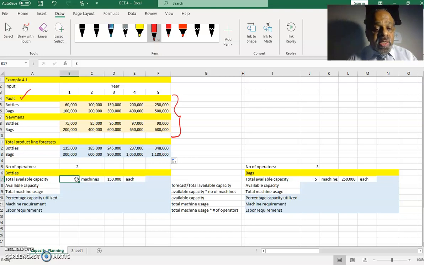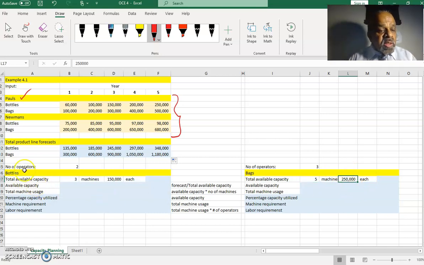Each machine is capable of producing 150,000 bottles. Similarly, I have 3 operators for making bags, and I have 5 machines, each capable of producing 250,000 bags.